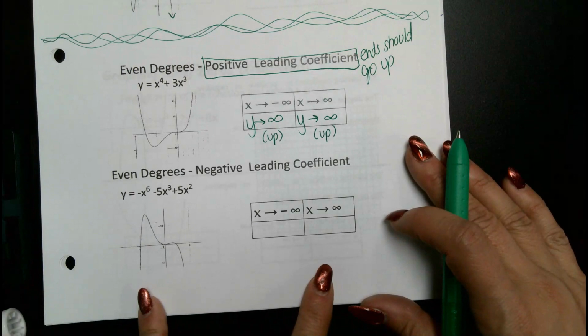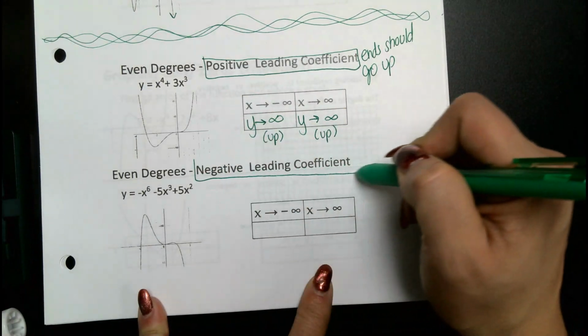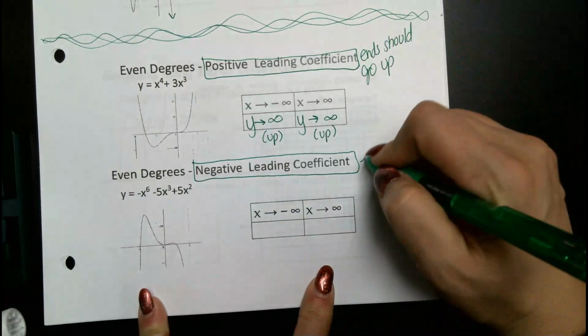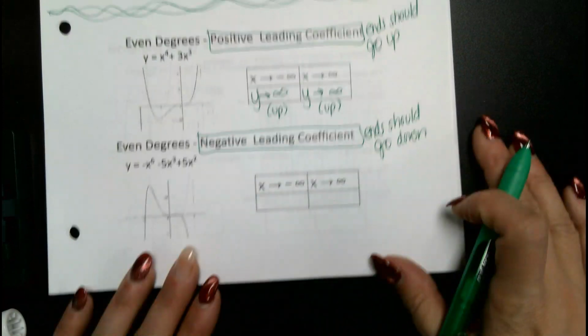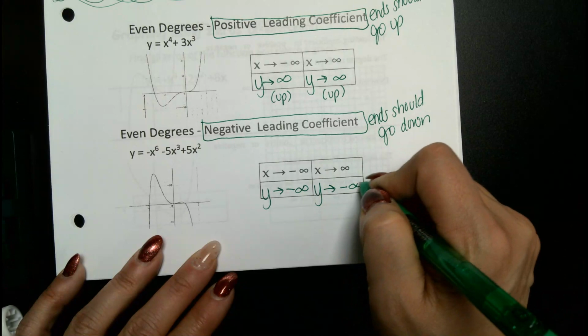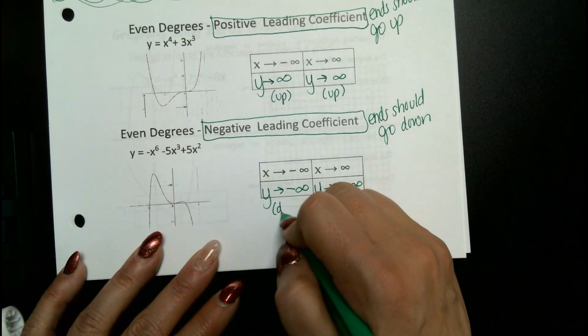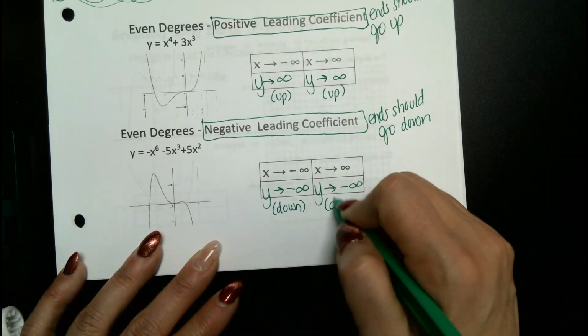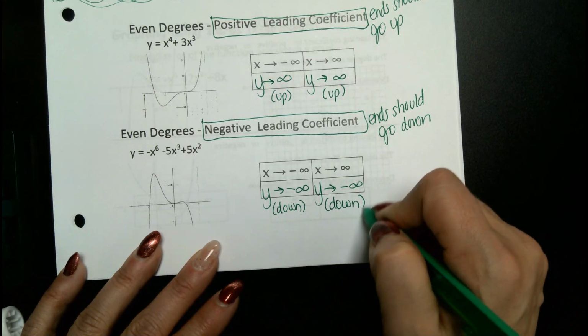And then the negative leading coefficient is just going to be the opposite. Negative leading coefficient, our ends should go down. Both of our y's should be approaching what kind of infinity? Negative infinity. You guys will be pros at drawing those infinity symbols by the end of this.